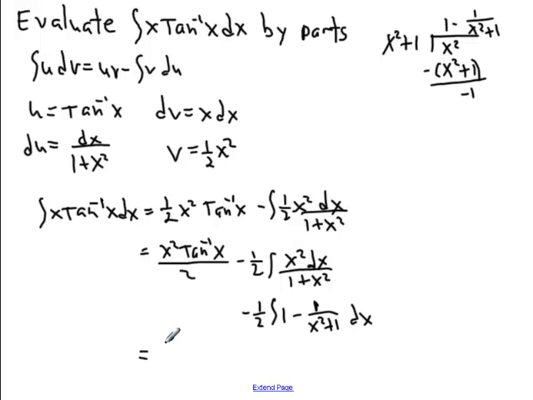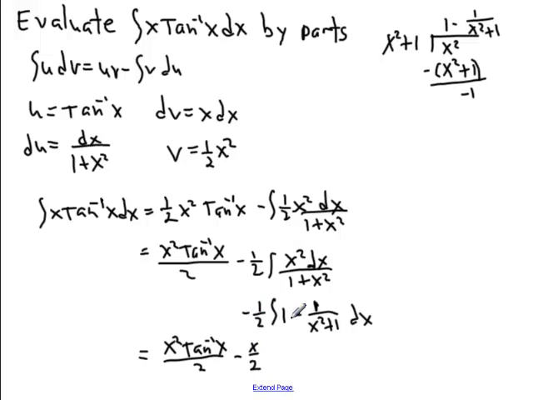Final answer, x squared inverse tangent x over 2, and this is going to be x. We're going to get minus 1 half times the integral of 1, which is x, so we can slip that right into our numerator.